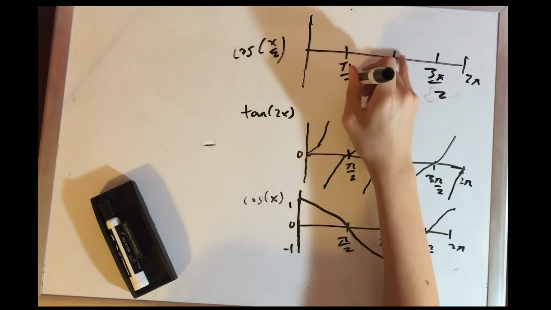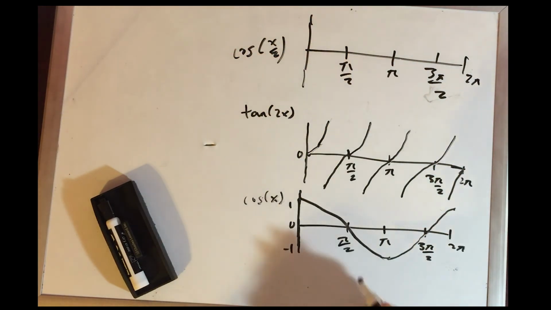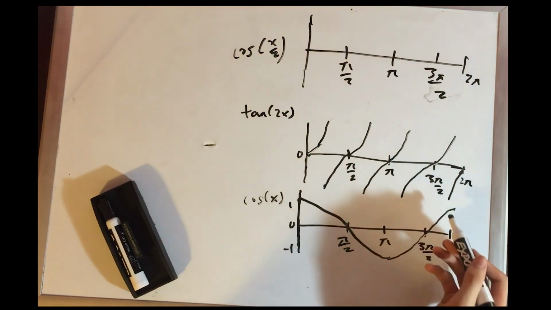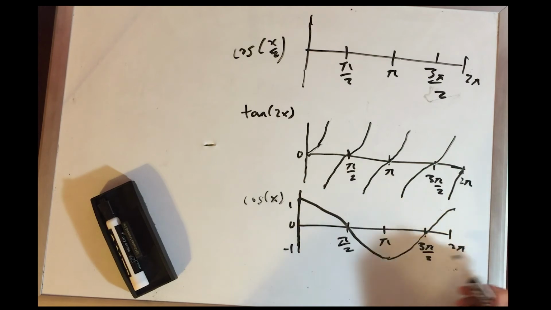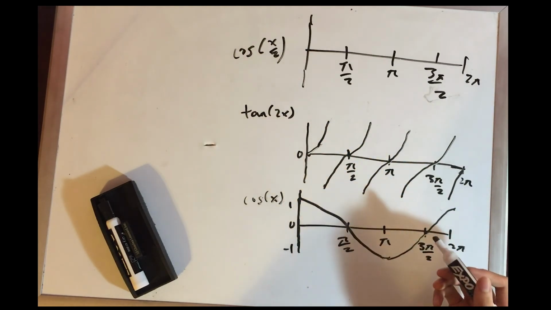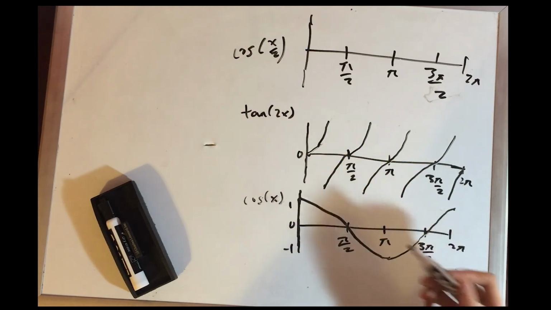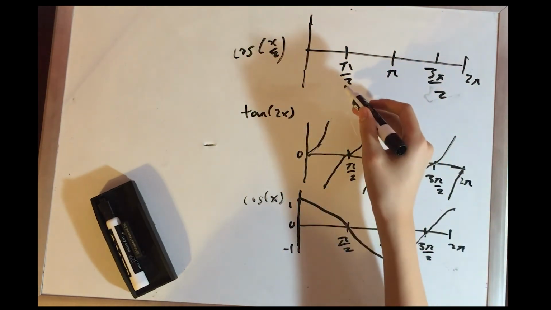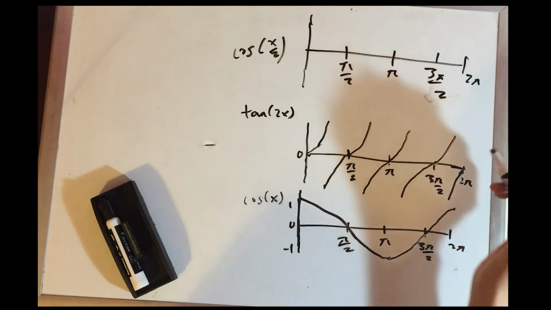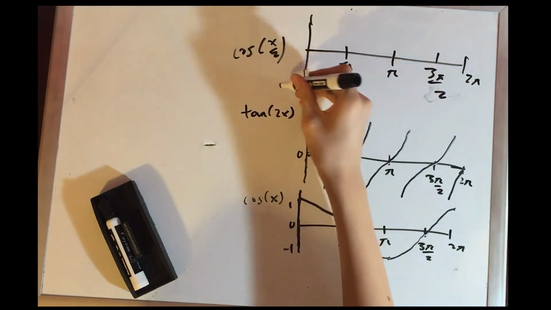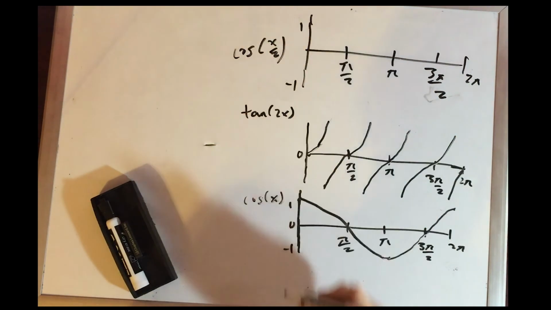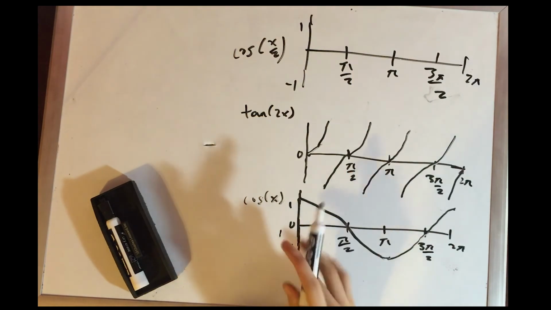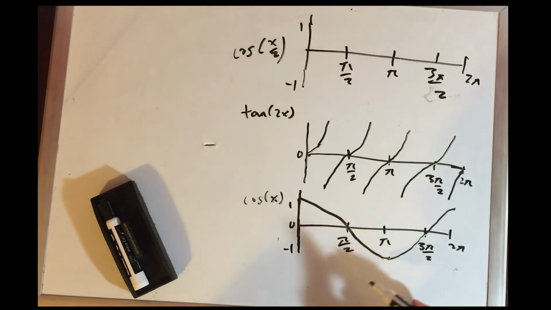On the actual exam, you shouldn't be labeling all of these points like I am. I'm just doing it for clarity. On the test, you can just draw these tick marks and know that they mean pi over 2, so that you don't take up a ton of your time. But anyway, this is going to be a horizontal stretch by a factor of 2.